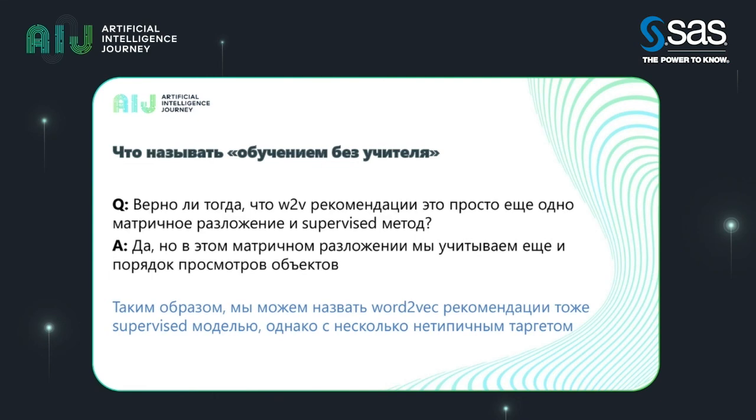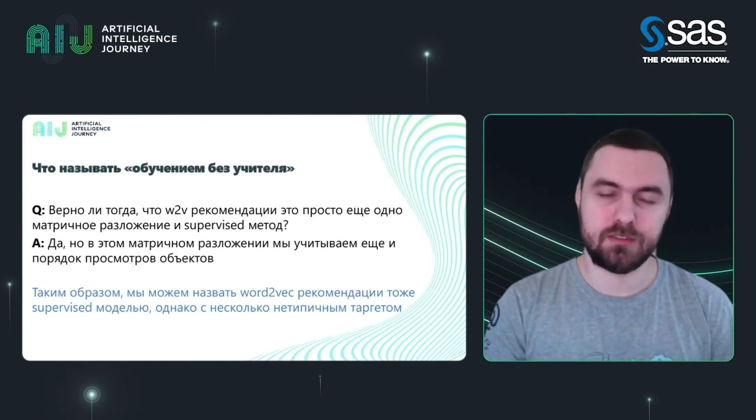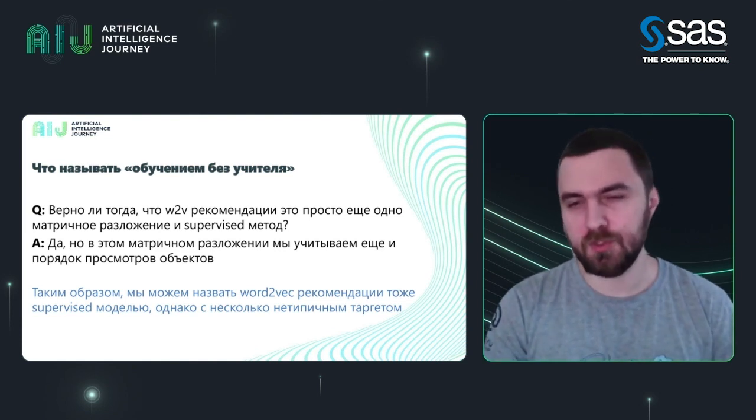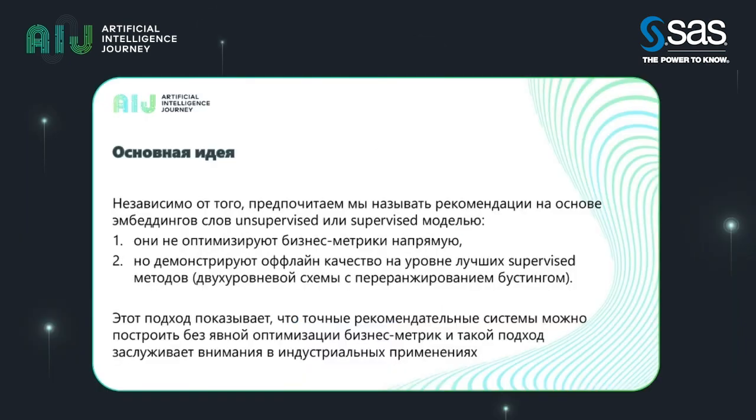And it's true, you can say that, another CF method. But we also consider the order of objects viewed. You can call it a supervised model, but something atypical. It's true about many unsupervised approaches.